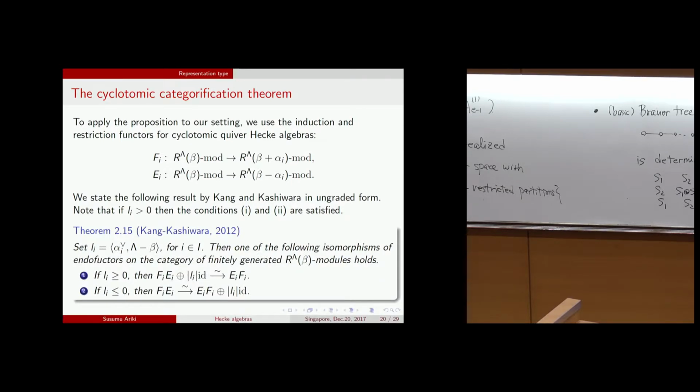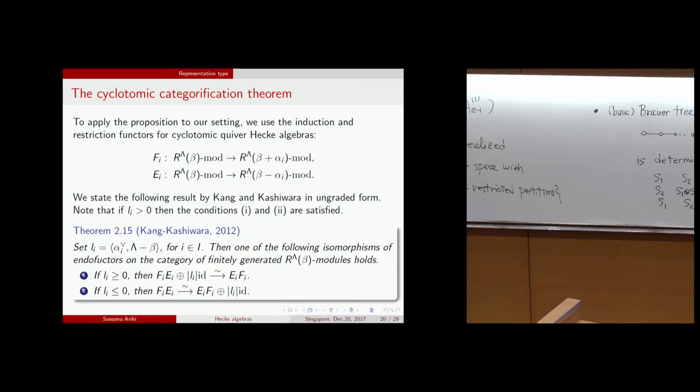So we have induction and restriction functors for cyclotomic KLR algebras, which I write F_i and E_i. The Kang-Kashiwara result is in graded form, but for our purpose it is not necessary to consider grading here, so I state it in ungraded form. Then the theorem is as follows. This also appeared in Inventiones Mathematicae in 2012.